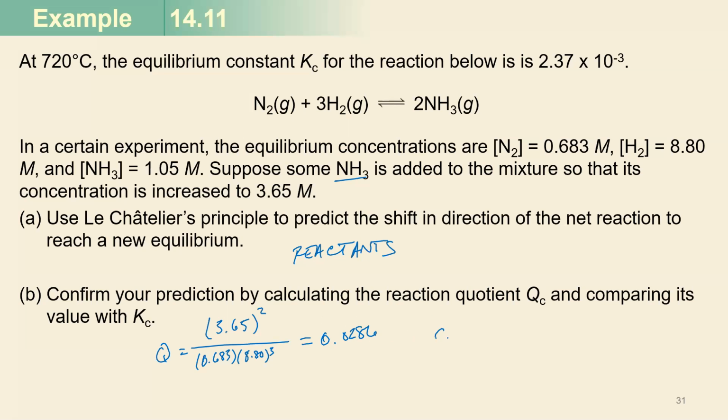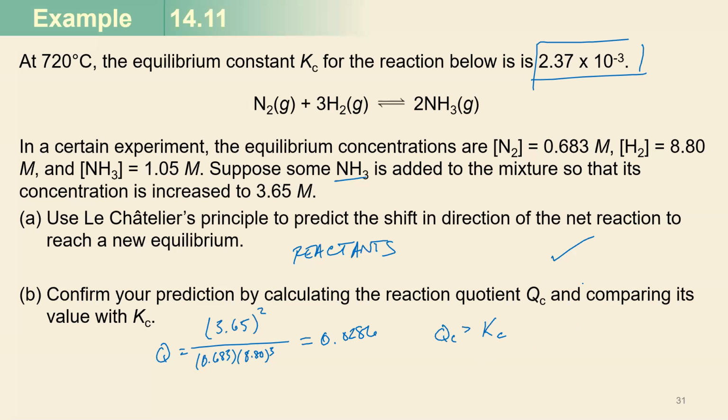And so Q is greater than K. Here's our K value, just as a reminder, 2.37 times 10 to the negative third. And so this is larger by a factor of 10 almost, so this is quite a bit different. Q greater than K means we have too many products. So that means we are going to shift to reactants.